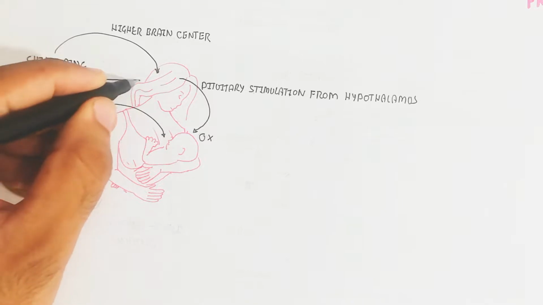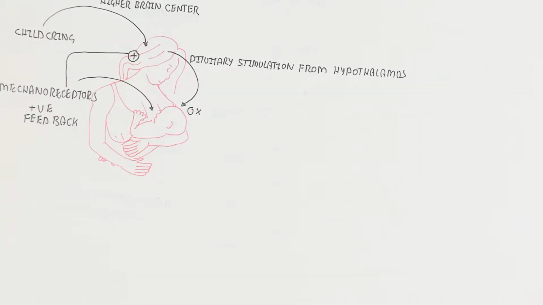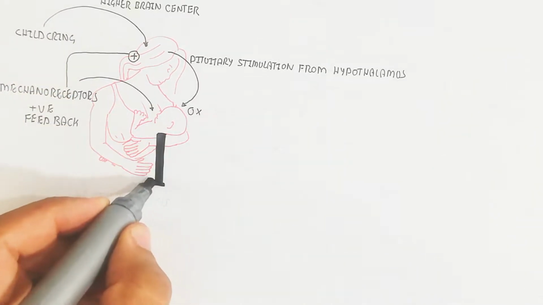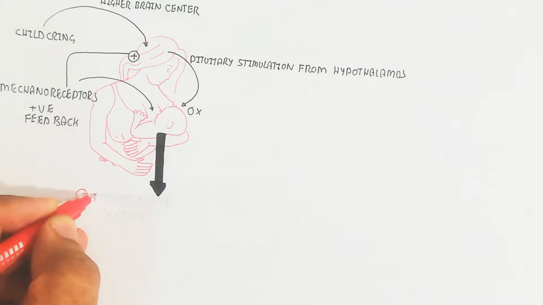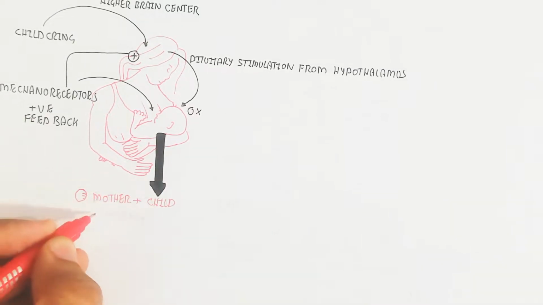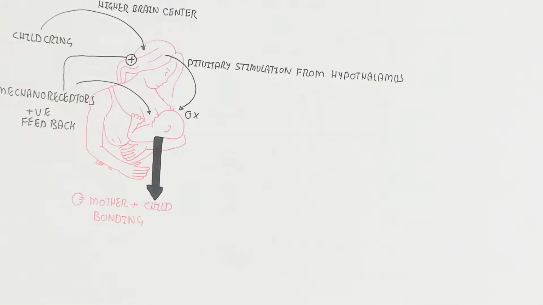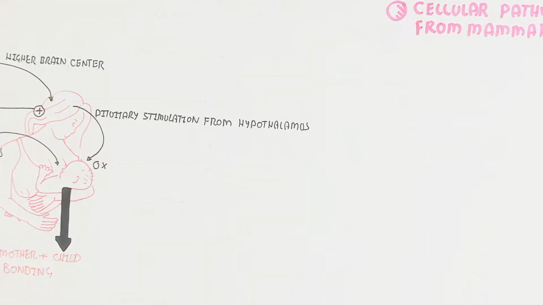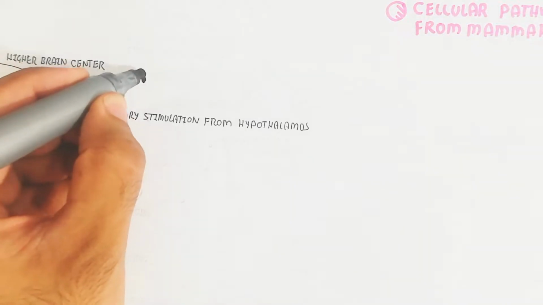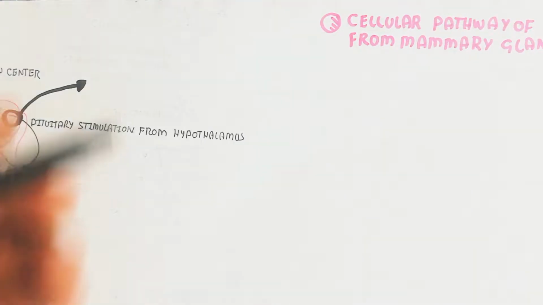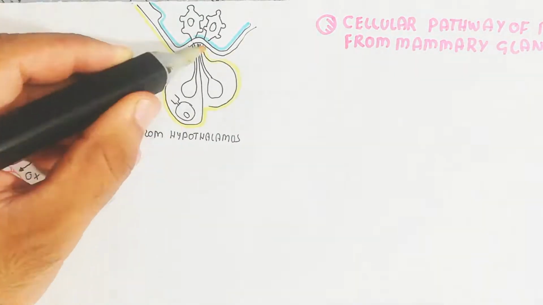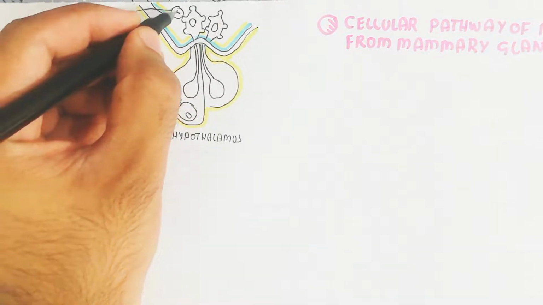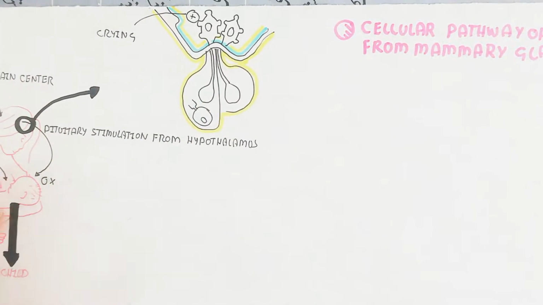Remember, oxytocin and prolactin collectively, through a mechanoreceptor after the feeling of the baby, the positive feedback will occur. And in this way, the ejection of milk will occur, and mother and child bonding will occur through oxytocin.